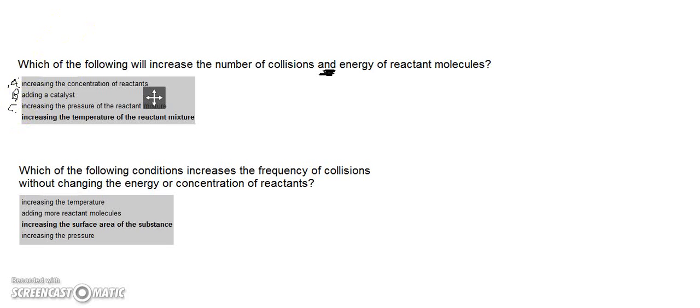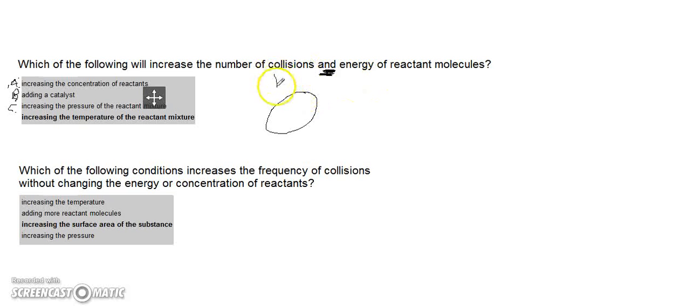increasing the pressure of the reactant mixture. Sorry, you can't see that last word very well. It's mixture. And so remember, if you increase the pressure of the reactant mixture, it's the same. If it's a gas, it's similar to increasing the concentration. And you can think of that if we have the balloon, right?